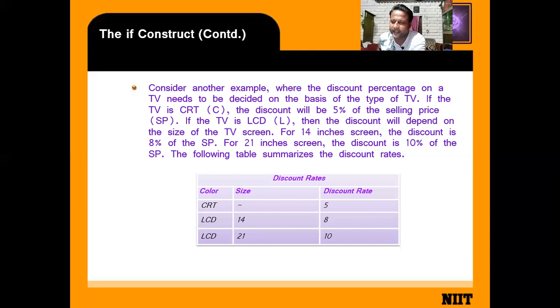For a 14 inch screen, the discount is 8% of the selling price. For a 21 inch screen, the discount is 10% of the selling price. If your TV is LCD and the screen size is 14, the discount is 8%; if the screen size is 21, then the discount is 10%.